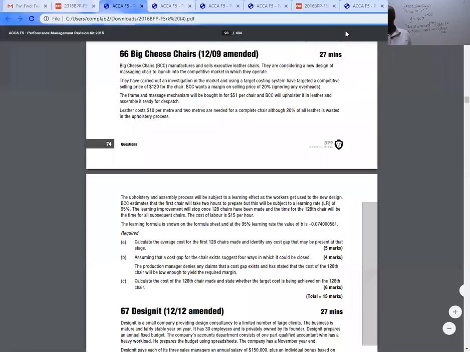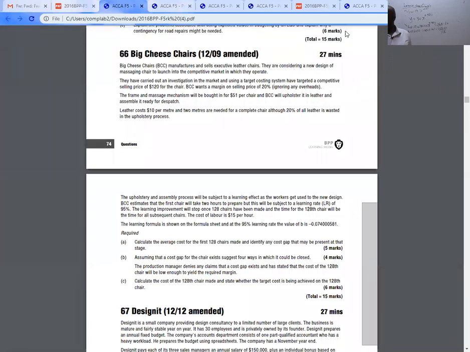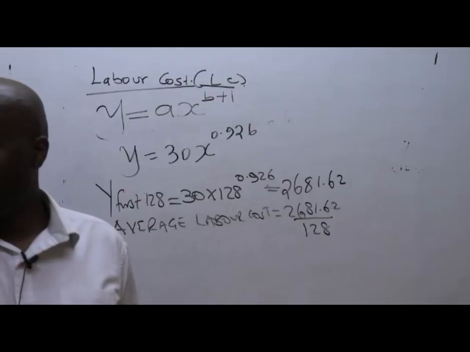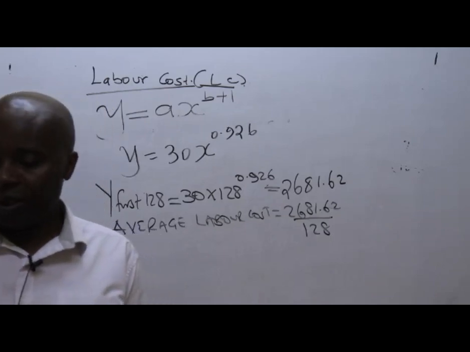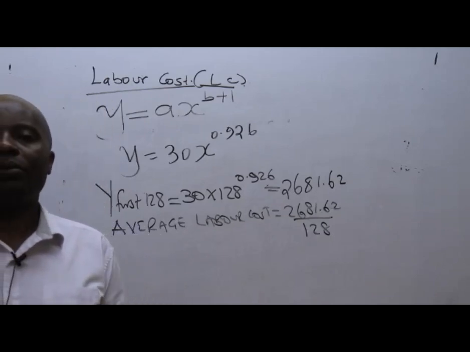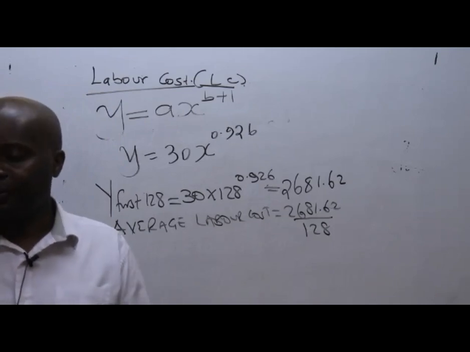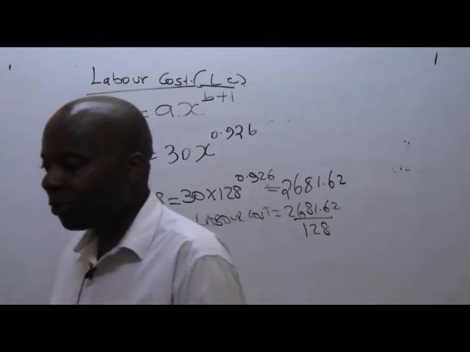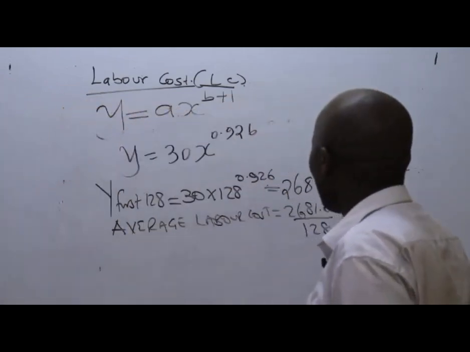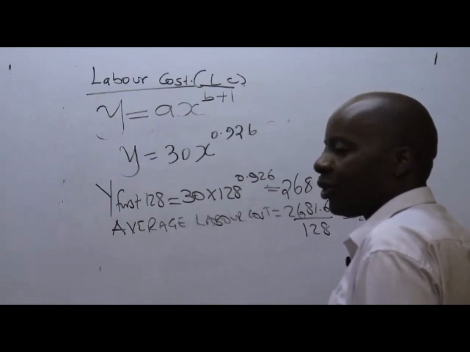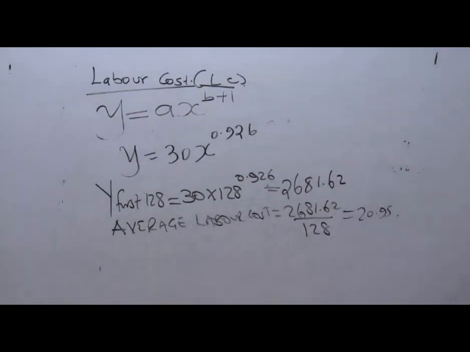Could you kindly give me an answer? That's the average labor cost. Okocha gives me 20.95. Thank you very much, Lucy. That is great. Now, after that, I'll be able to write the cost statement for my examiner.